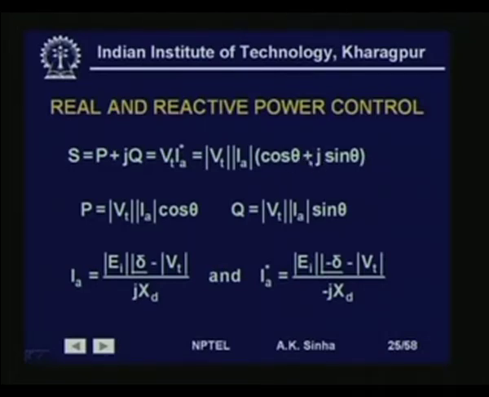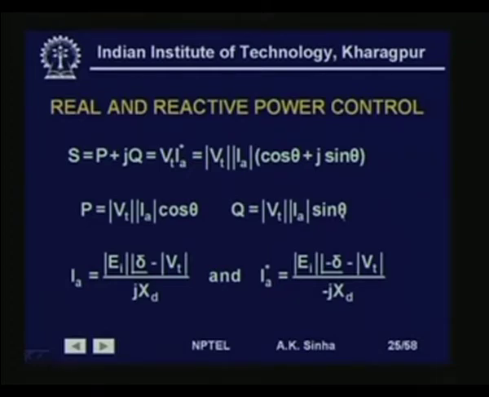Since we have taken the conjugate, we are writing this. So, P is equal to V T into I A cos theta, that is the real part, and Q is equal to V T into I A sin theta, that is the imaginary part. This j term is coming, so that is the imaginary part. So, the reactive power is this part.